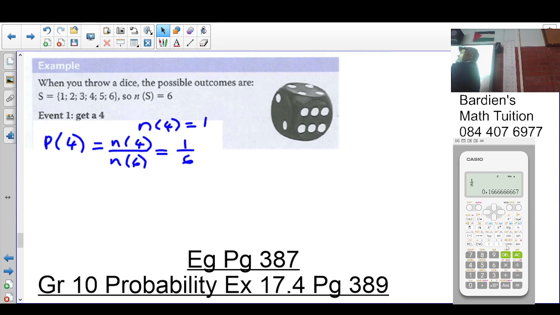And you can write it as 0,1666 or 0,167 or 0,16 recurring, or you can write it as 16,67%.